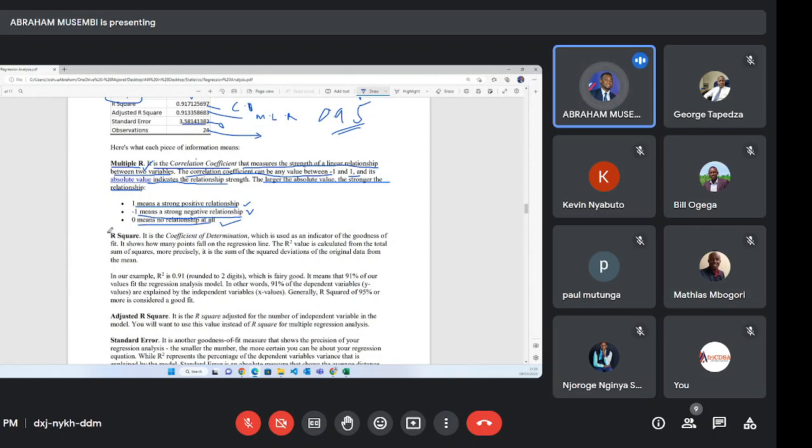Then we also have R squared, which I said is used to measure the performance of our model. It is called the coefficient of determination, used to indicate goodness of fit, whether our model fits our data well. It shows how many points fall along the regression line.